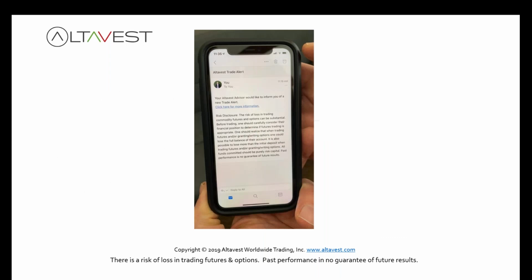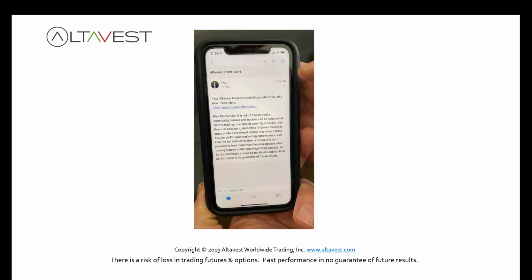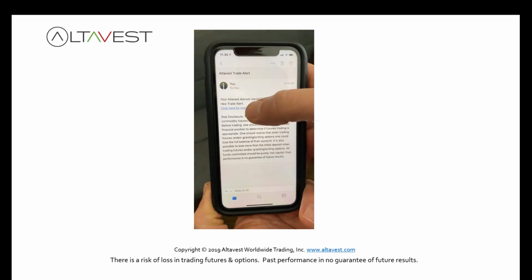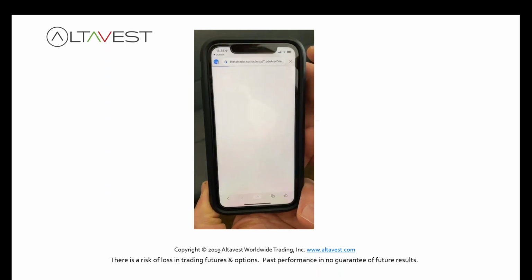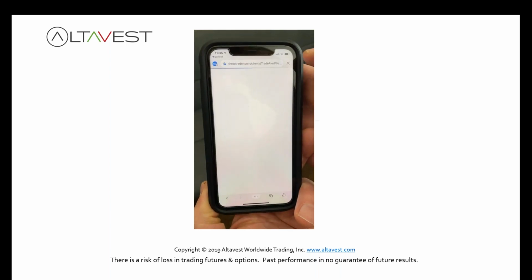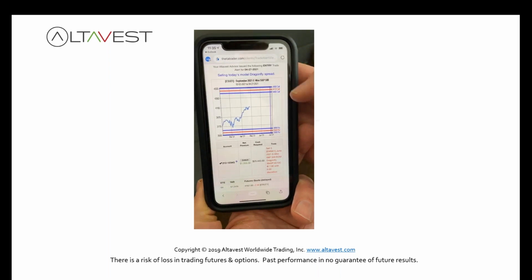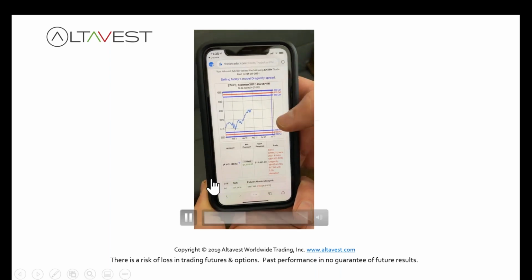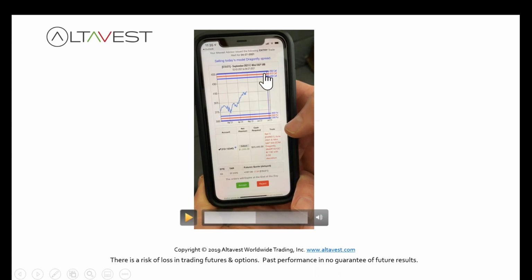So here's just a short example. You get a text and you just click the link and it takes you right to the alert. It gives you an overview, a graph, telling you you're selling the Dragonfly, gives you the premium collected, how much cash is required, and you maybe can't see it, but it gives you the quantity.